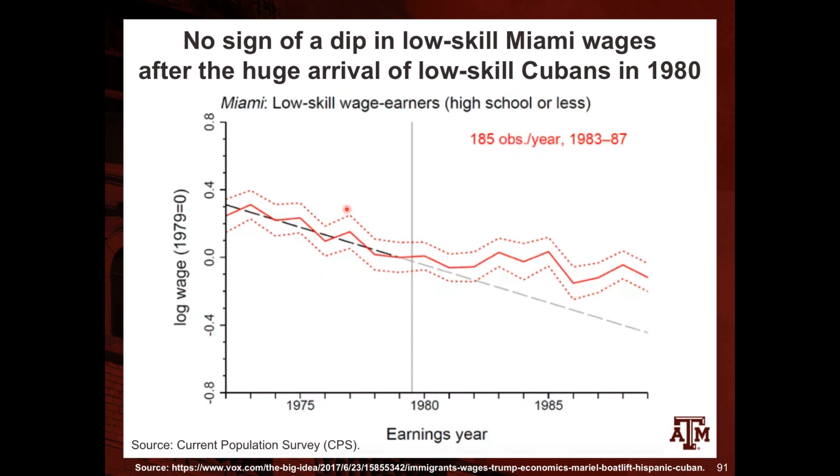But what's important to highlight here is that this group of workers, US-born workers with low education, high school or less, were experiencing a decline in their average earnings over time before the Mariel Boatlift event. And after that, their earnings tend to stay more stable. This dashed line is the confidence interval.